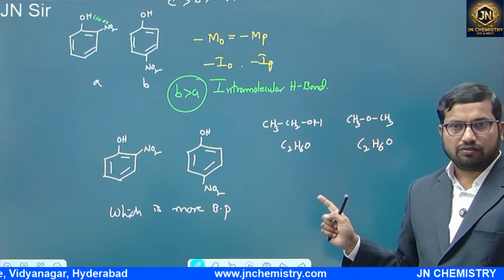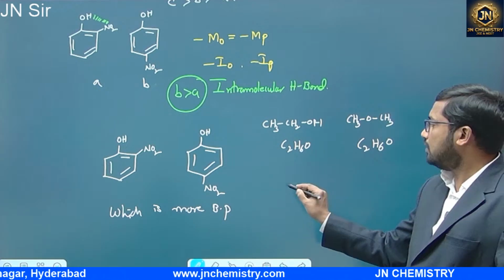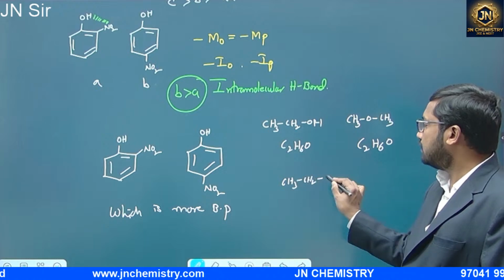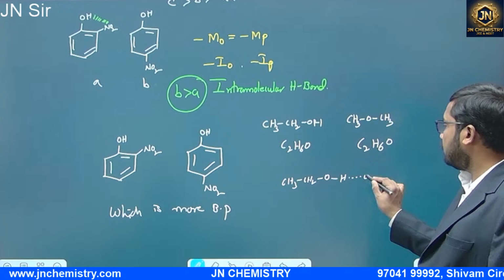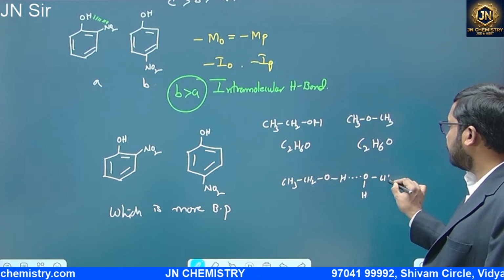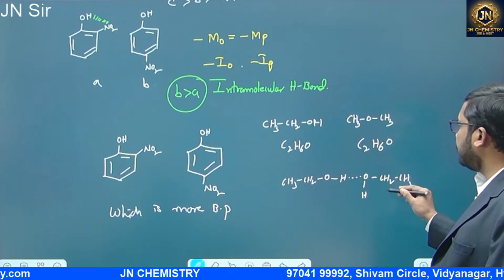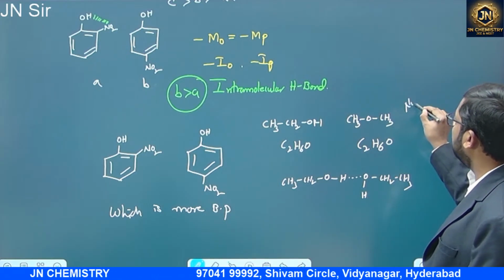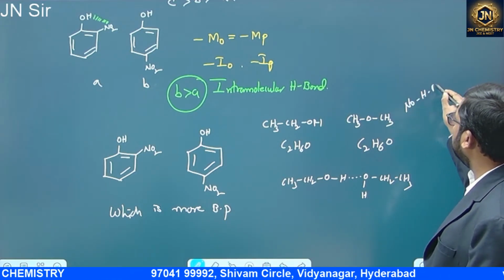In the case of alcohol, what exactly happens? Hydrogen bonding is possible. In ether, there is no hydrogen bonding.